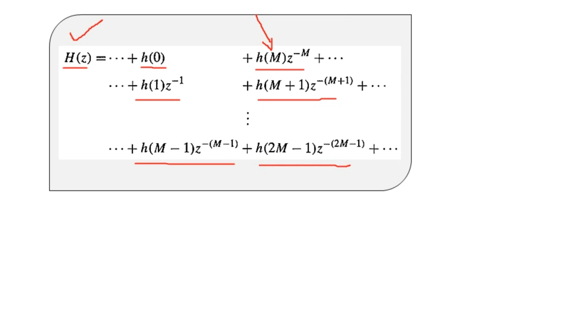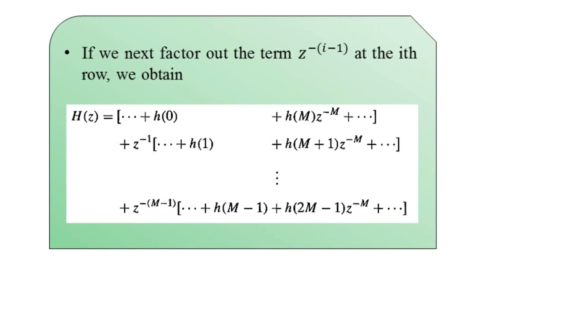Now if we factor out the term z^(-(i-1)) at the i-th row in the structure that we have shown for the filter function, we obtain the filter function in the form, right from the opening square bracket to the closing square bracket. The first stage is bracketed here, the second stage is bracketed here, so this is in general, and this is the last one.